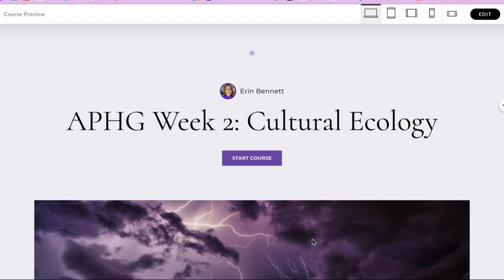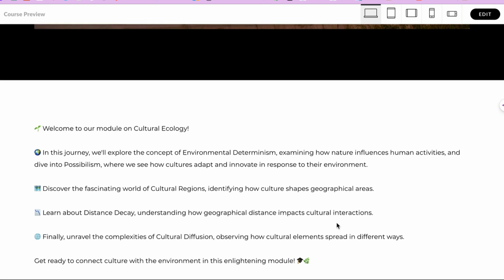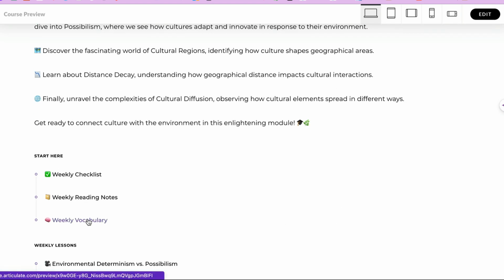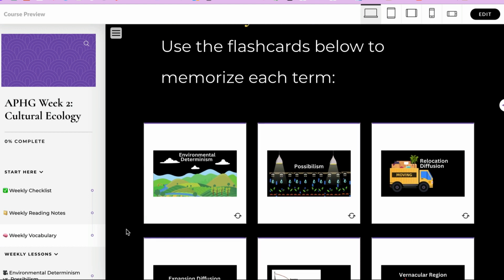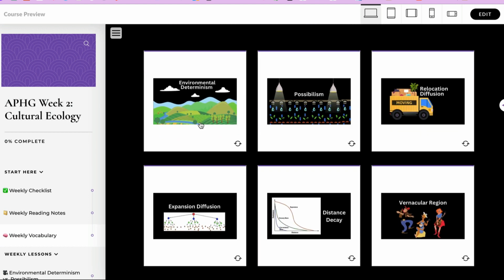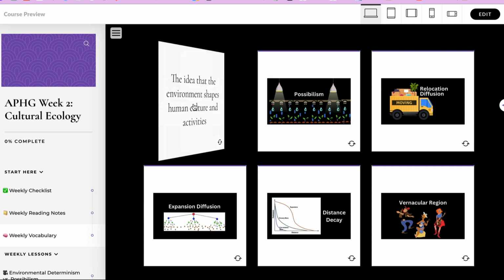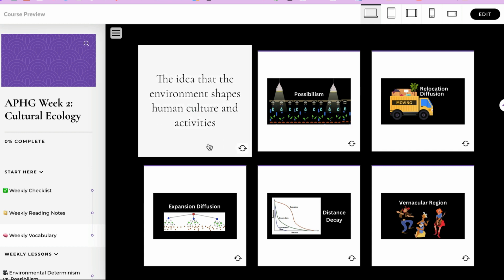The second module or section of this first unit in the review is cultural ecology. Let's take a look at our vocabulary. Two really important concepts here are environmental determinism and possibilism. Environmental determinism is the idea that the environment shapes human culture and activities.